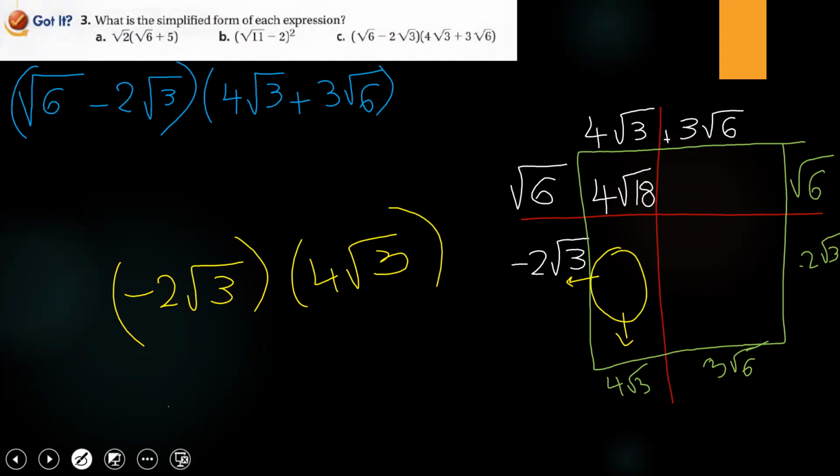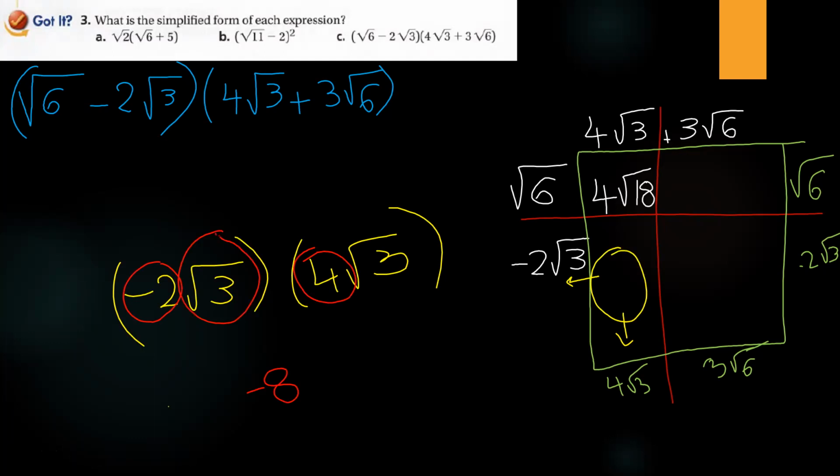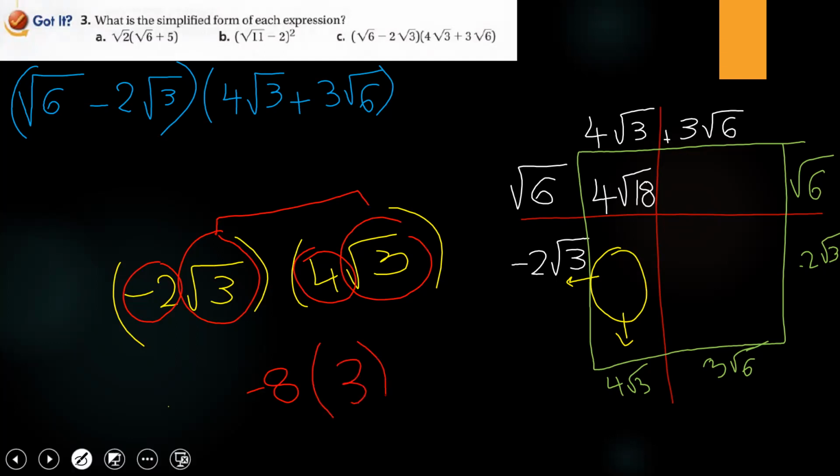Let's multiply first negative 2 and 4. What did we get? Negative 8. And then we multiply square root of 3 times square root of 3, which is square root of 9, or shortly, you say it's 3. So it is negative 24. So here we have to write negative 24.